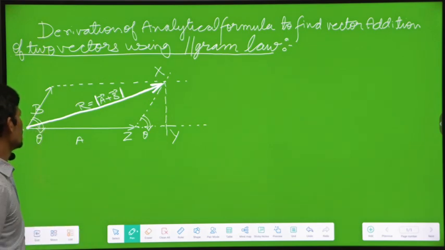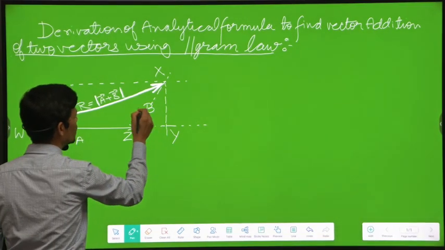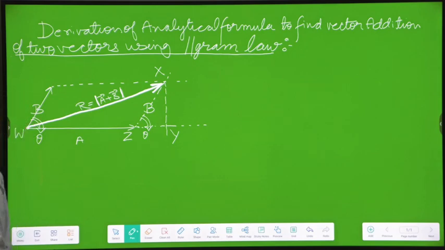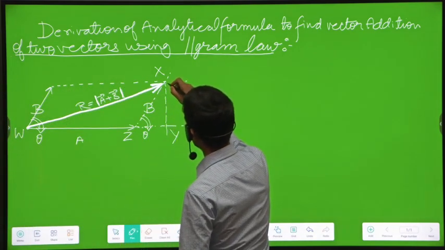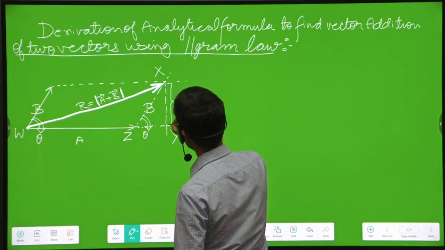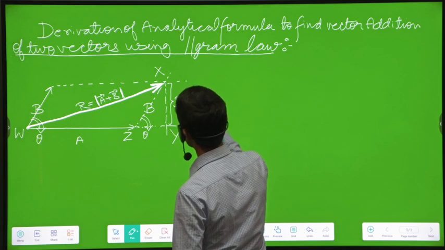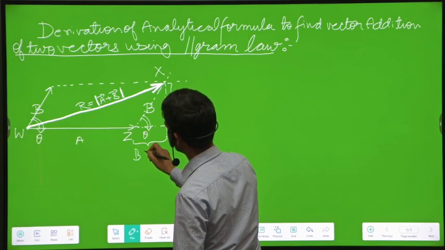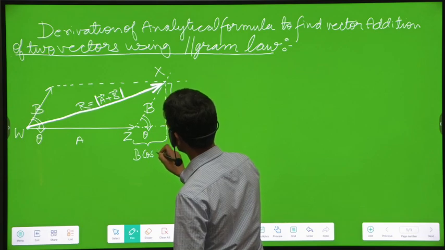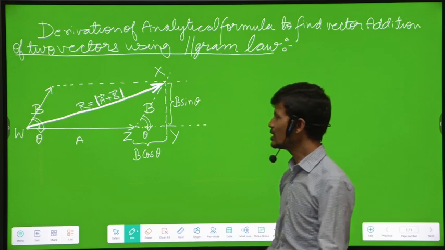You can choose any letters. If this is B, this is also B. And by trigonometry, we can say that this is B sine theta, and this is B cos theta.